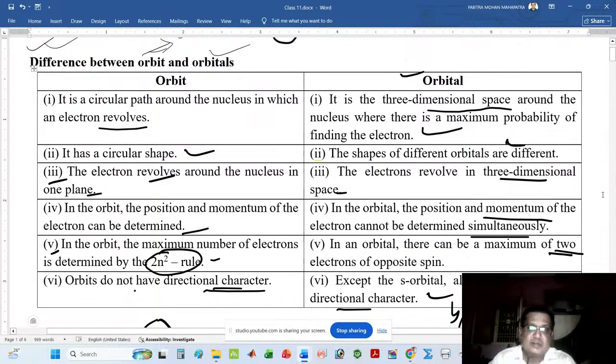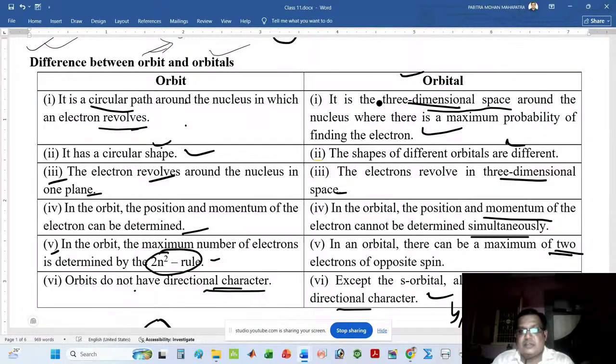Again, I want to repeat, what is the difference between orbit and orbital? An orbit is a circular path around the nucleus in which the electron revolves.